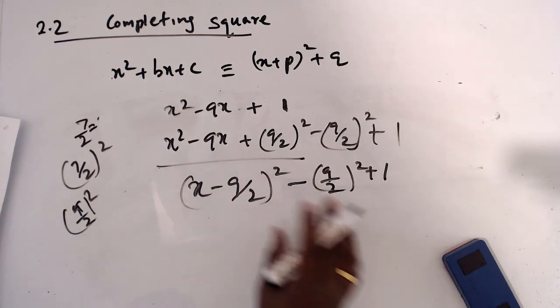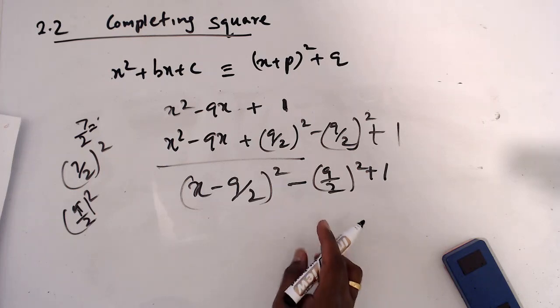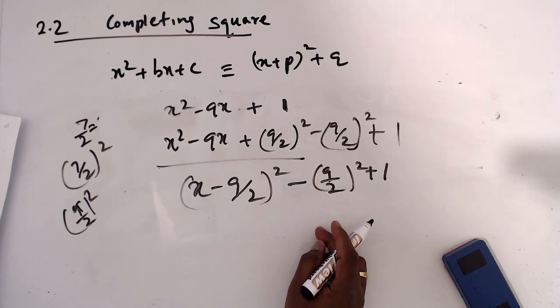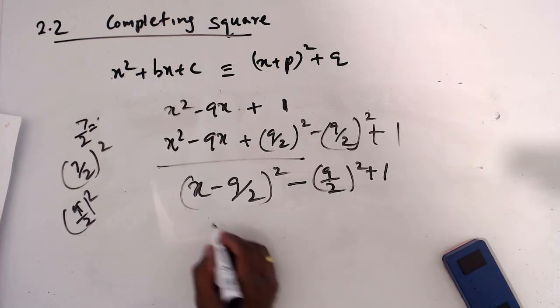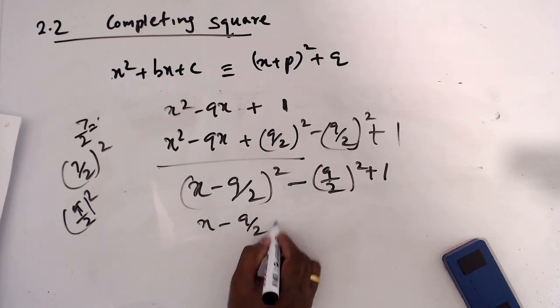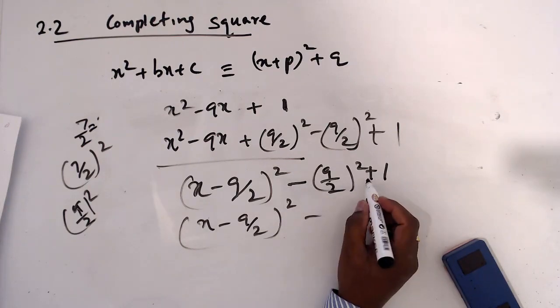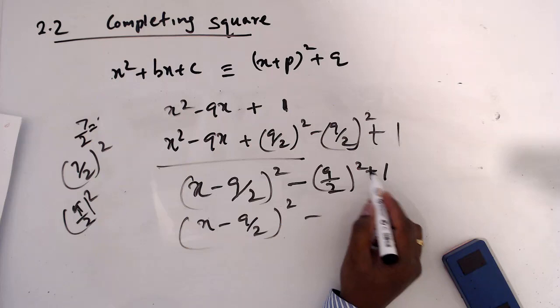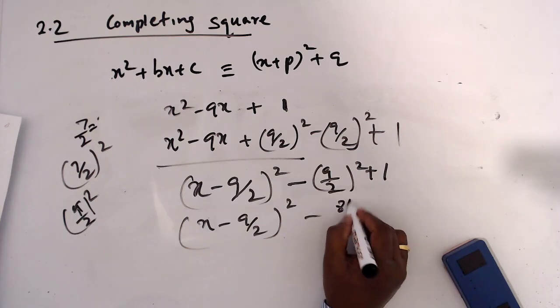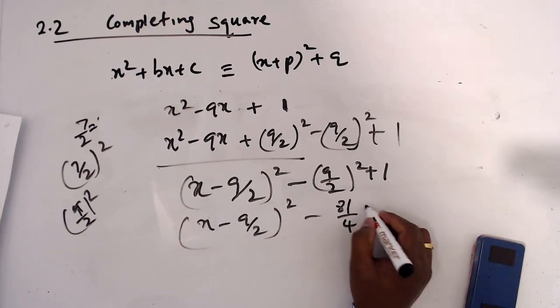I know you all can simplify this one, but when you come to this place, most of them will stop. So x minus 9 over 2 square, and then this is going to be 81 over 4 plus 1.